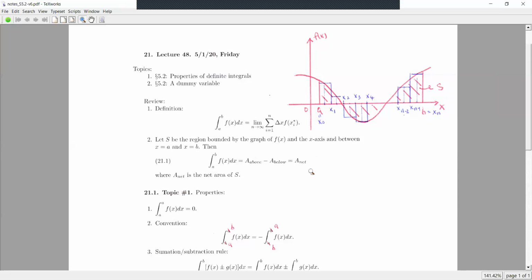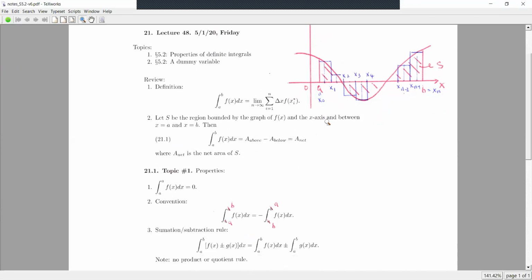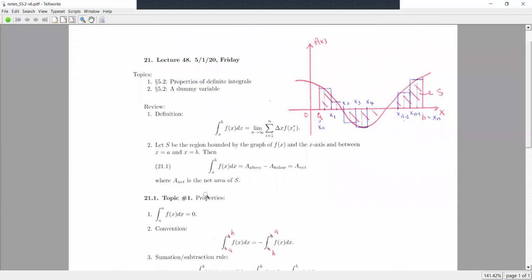Okay, now the first topic, properties of definite integrals. Property number one: take the integral from A to A of the function f. The integral is 0. This property is quite obvious.